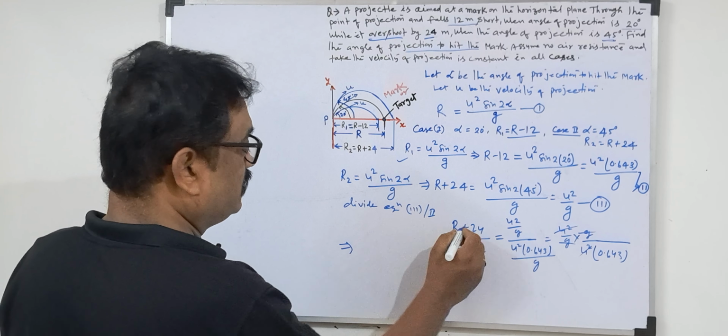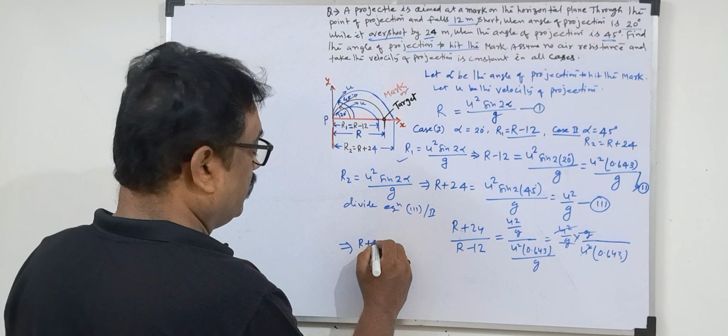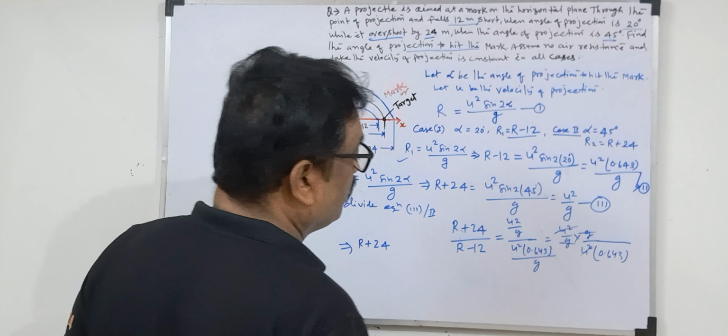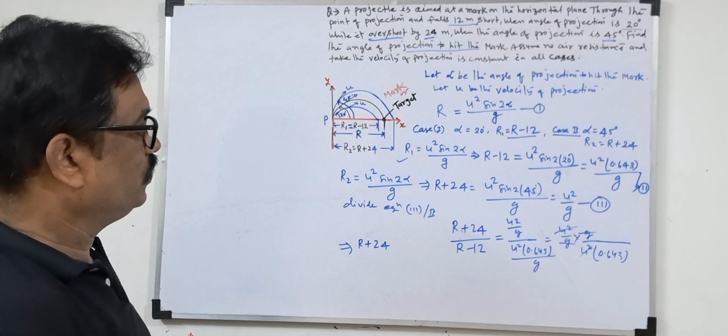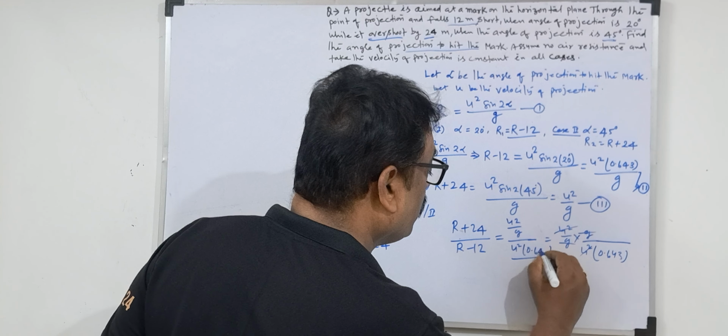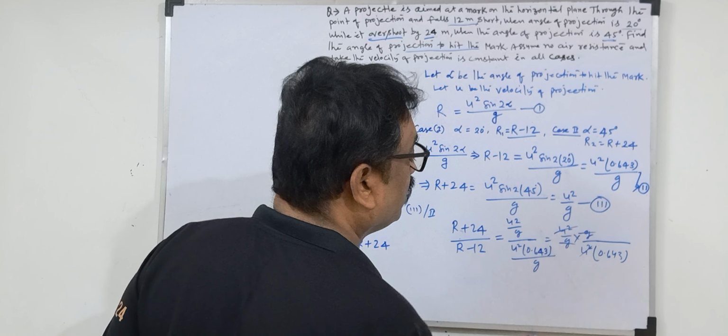So that implies R plus 24 over R minus 12 equals 1 by 0.643.